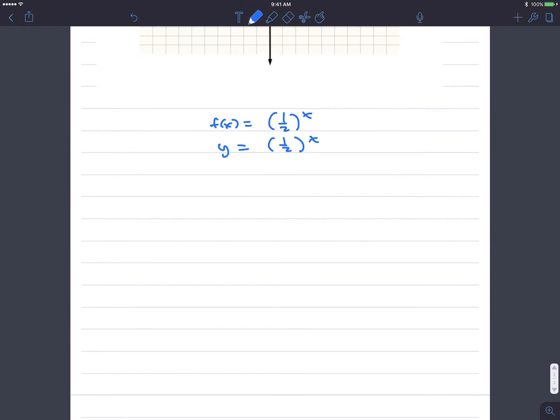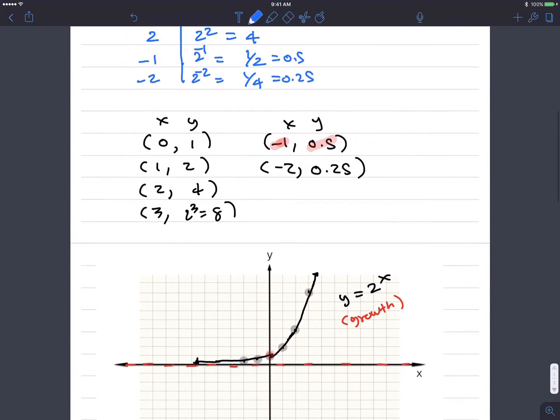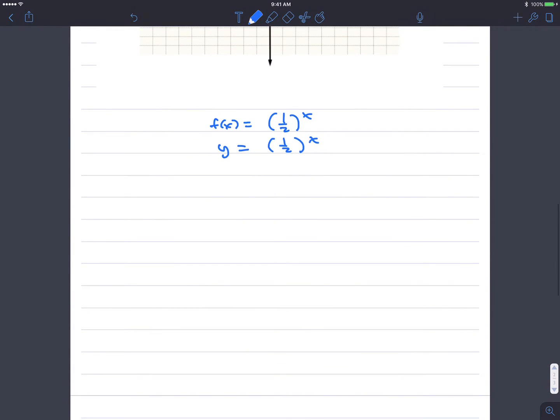We're going to generate these points again. We're going to do the same sort of table we did over here. So let's do that. Here's my x values. Here's my y values. X is 0, I want 1/2 to the 0. When x is 1, 1/2 to the 1. When x is 2, 1/2 squared.